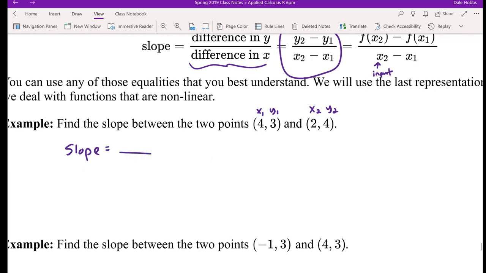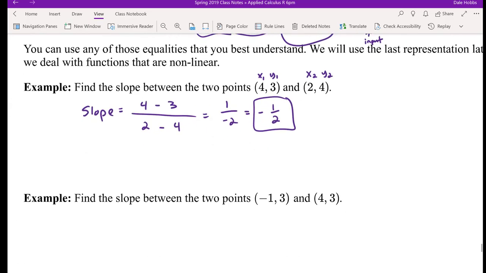So I'm going to take my 2's: 4 minus 3 divided by 2 minus 4. Just remember, it's your y's on top, y's over x's, and we'll end up getting 1 over negative 2, or negative 1/2 if you just want to write it in a simple way. So that'll be your slope there. Rise 1, run negative 2, if you want to talk about rise and run. That's the slope for those 2.